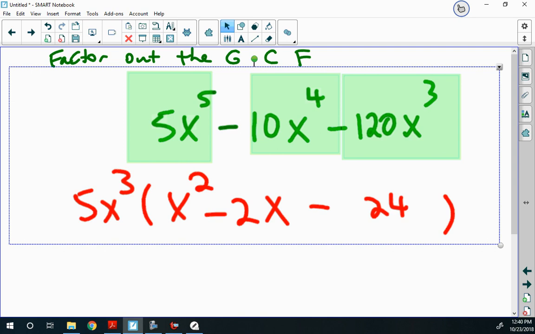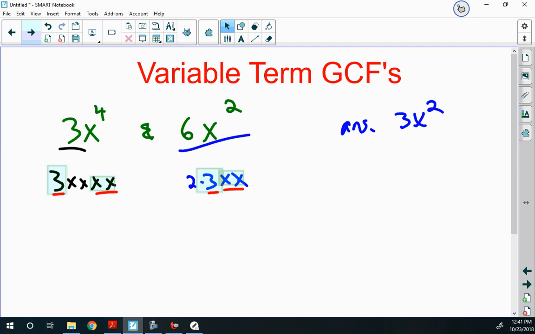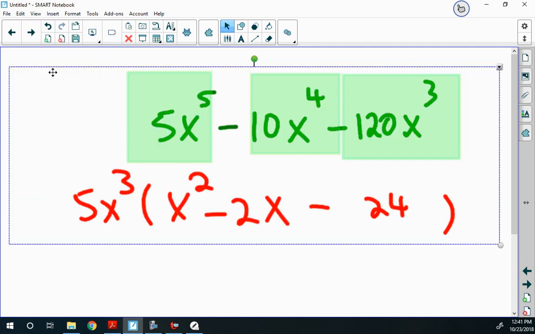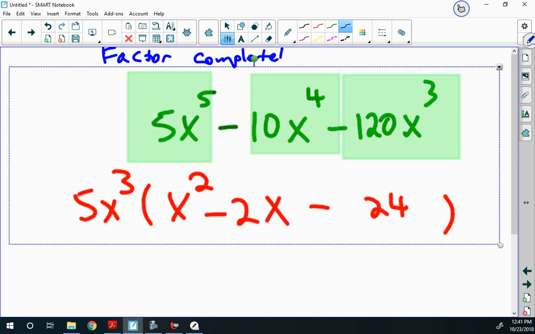Sometimes the directions are going to take it one step further. Sometimes the directions are going to say, factor completely.